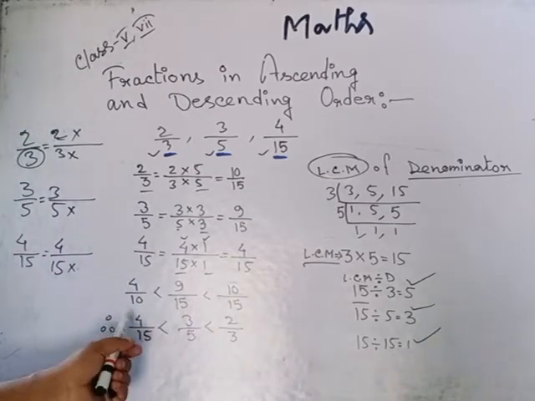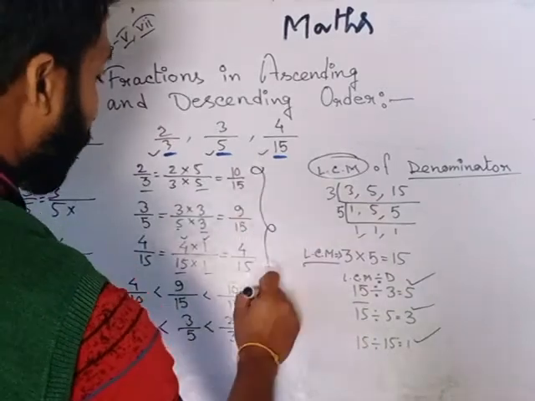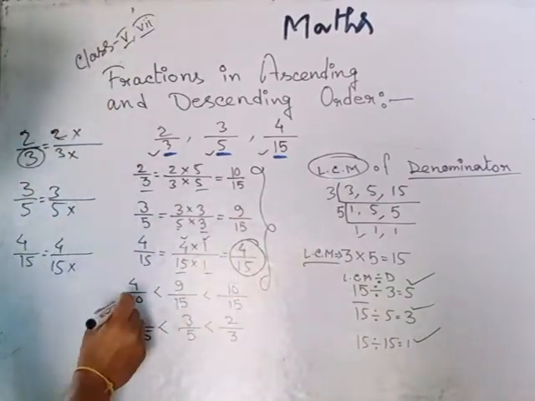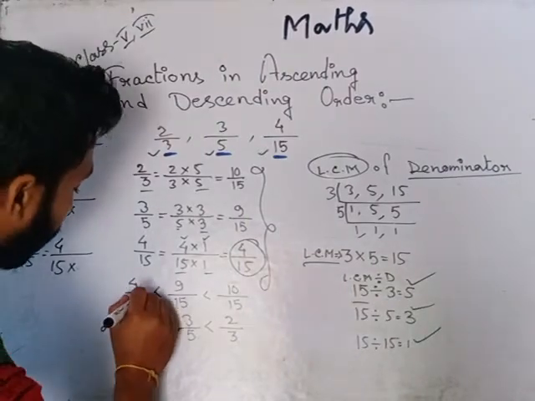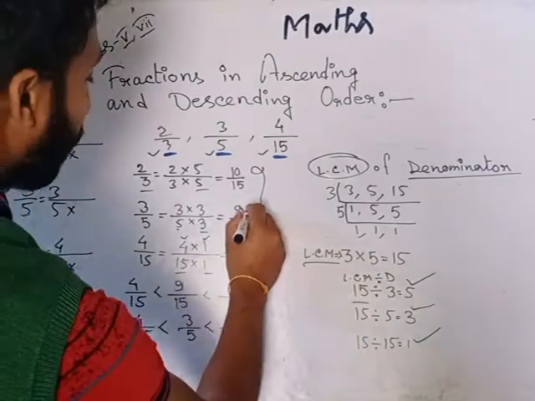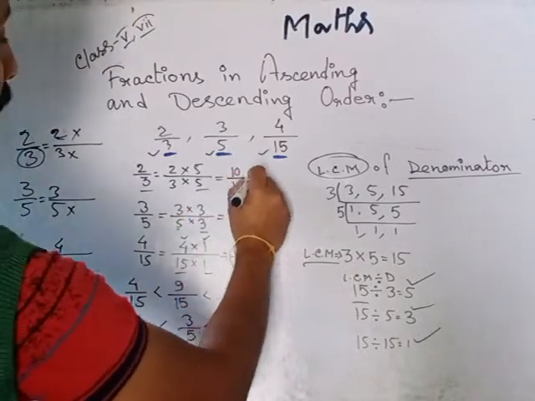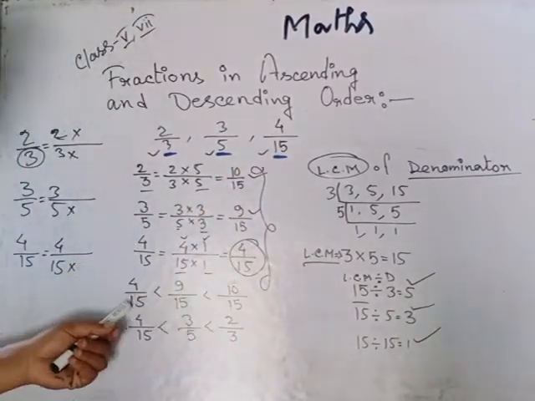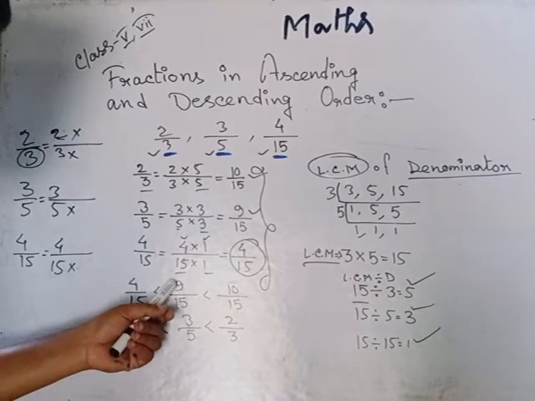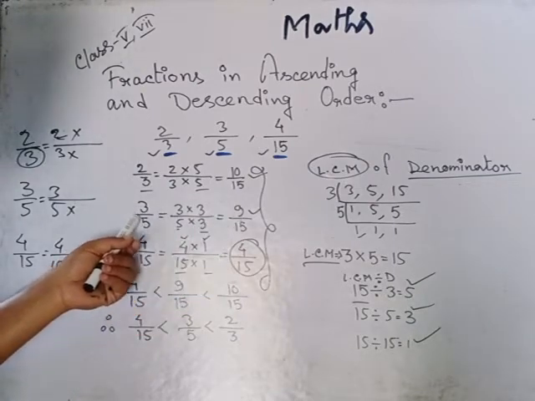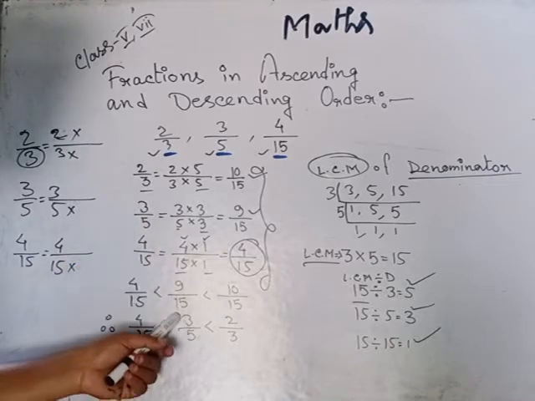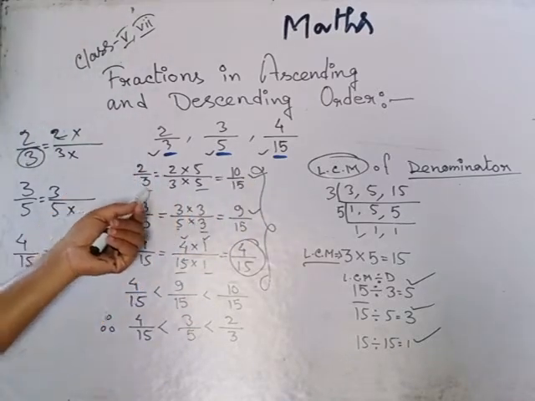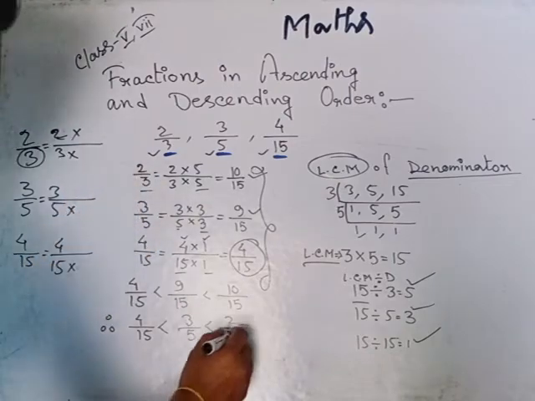At first you should write these numbers: 4 by 15, after that 9 by 15, after that 10 by 15. So we write 4 by 15, which is the same. 9 by 15 is the equivalent fraction of 3 by 5, so we write 3 by 5. 10 by 15 is equivalent to 2 by 3.